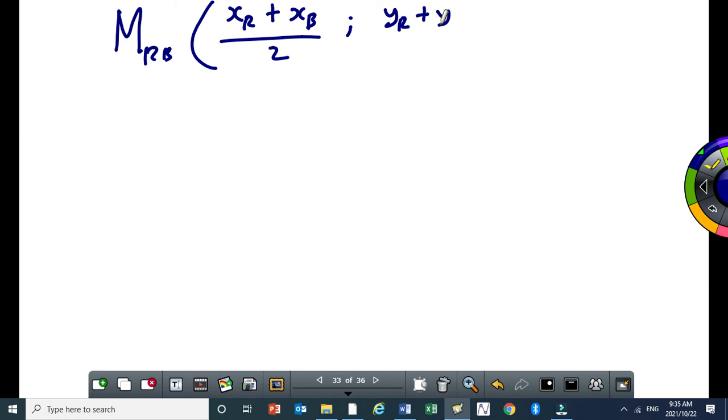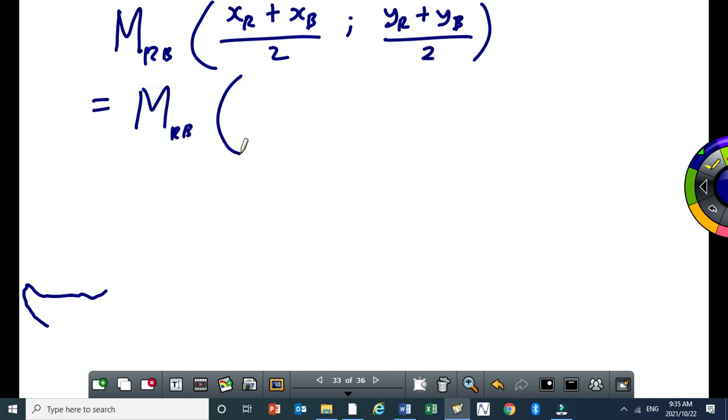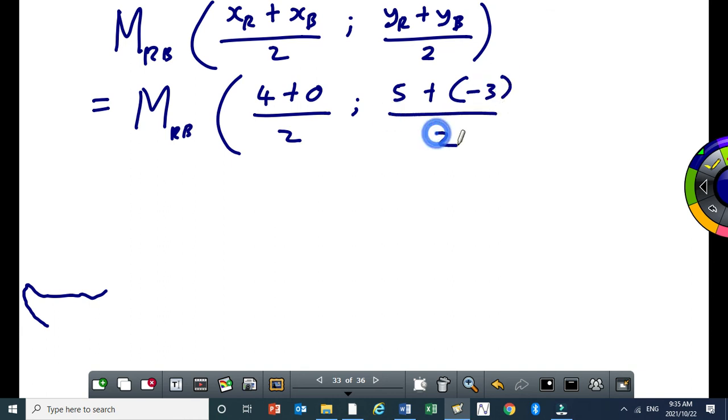I don't know why the tip of my pen is coming off, and I lost the other one too. So let's substitute the coordinates. XR is what? 4, right? So the midpoint of RB is going to be 4 plus XB, which is 0, over 2. YR is 5, YB is negative 3.